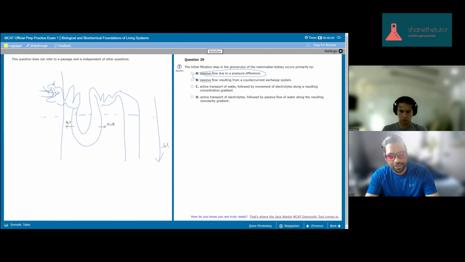You can also have that happen in other regions, like the distal convoluted tubule and the collecting duct.